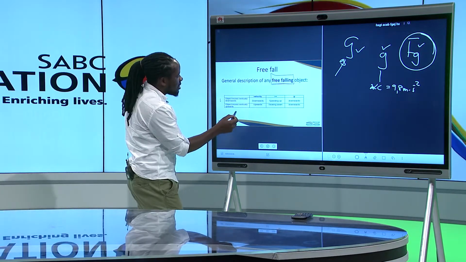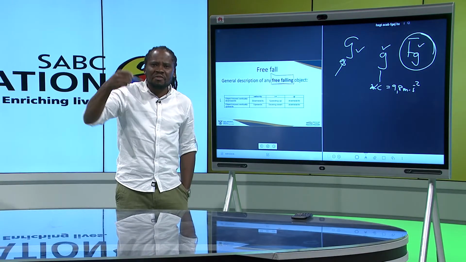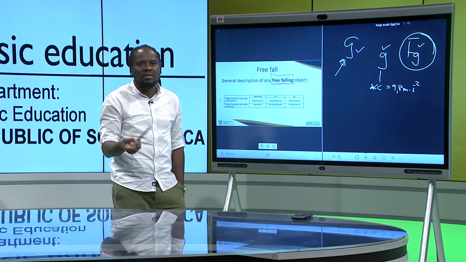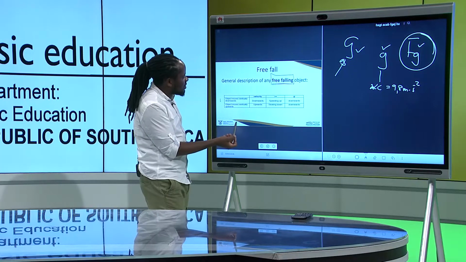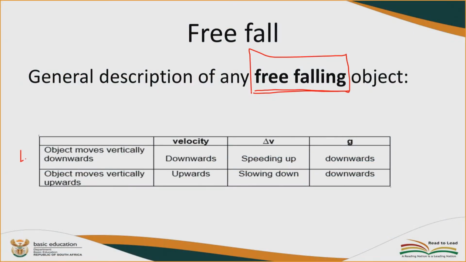So what are we saying? If the object moves downwards, the velocity, which is a vector, is also downwards. The direction of this vector, which is velocity, is downwards. Now, how is the velocity changing? Is it increasing? Is it moving faster and faster? Those are the simple questions that we want to ask ourselves. So if it moves vertically downward, we're saying it is speeding up in terms of increasing the velocity.